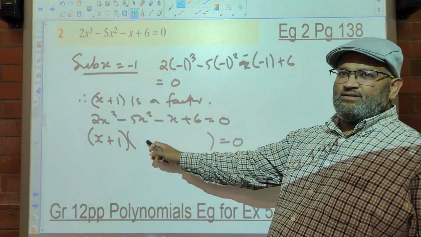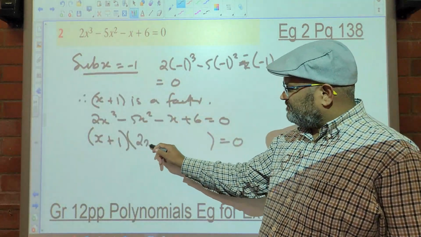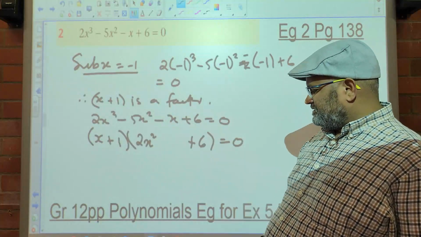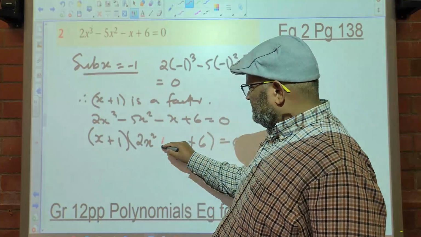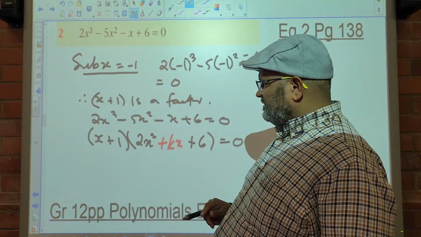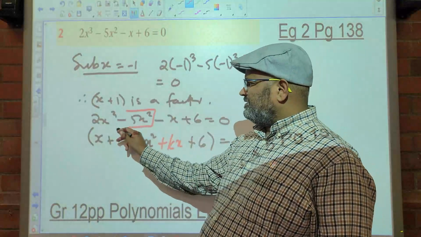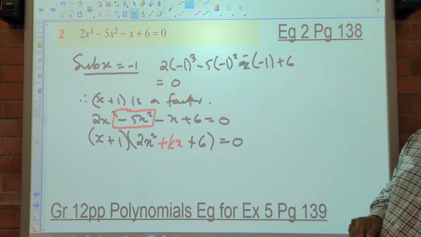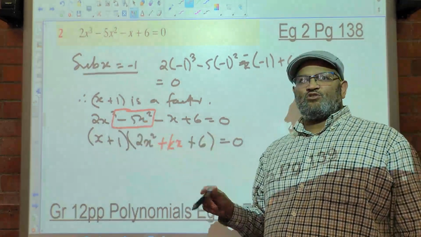What goes here? 2x squared. 1 multiplied by what is 6? So what do I add here? Kx squared. So we're going to look for what value of k will result in the second term being negative 5x squared.